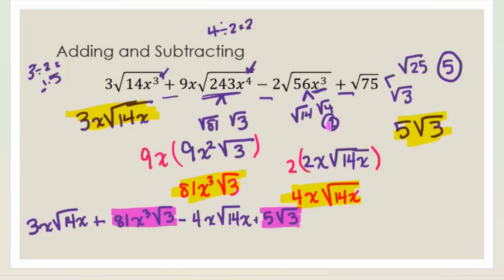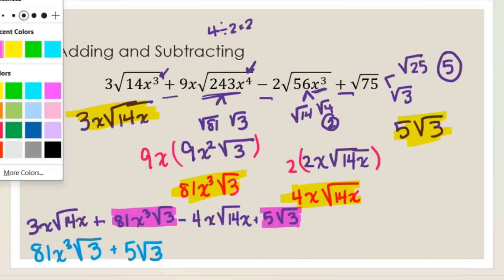For this particular problem, though, there's nothing that I can do with those because I cannot add 81x to the third and 5. It goes back to our normal addition rules. I can't add something that has a variable with something that does not. So while they have that common square root 3, in this problem, can't do anything with that. So I'm just going to write both of them down.